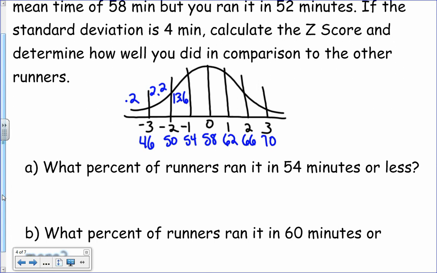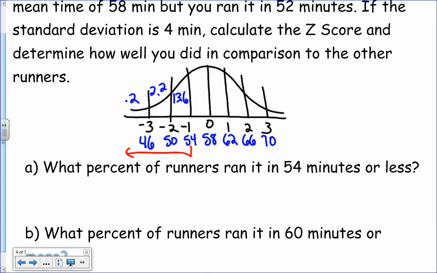Right, so if you haven't finished A yet, look at it with me, okay? It says what percent of the runners ran it in 54 minutes or less? When you draw your curve, hitting 54 on the curve, it's from the lines, isn't it? So look what I did. 54 minutes or less. I wrote in all the percentages that we learned the other day from 54 minutes or less. 0.2, 2.2, 13.6.